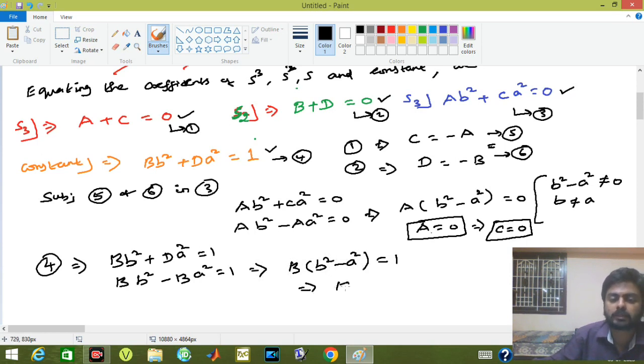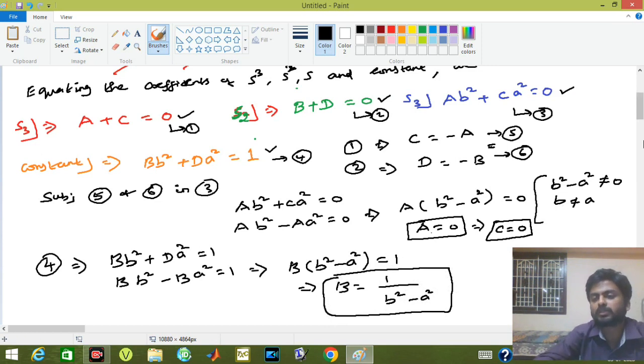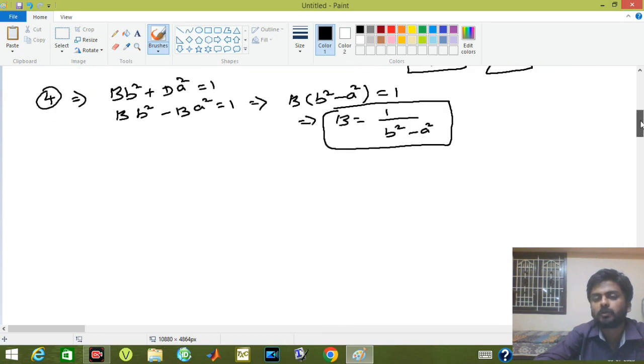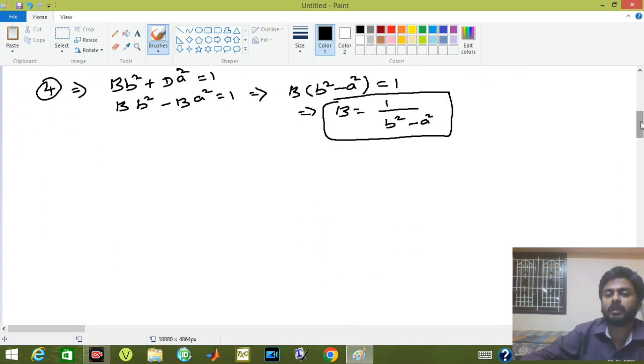It implies b equal to 1 divided by b² minus a². So this will imply b equal to minus d, so d equal to minus b. It implies d equal to minus 1 divided by b² minus a².